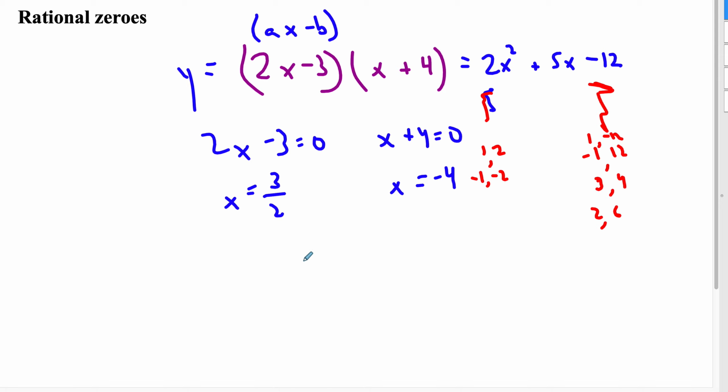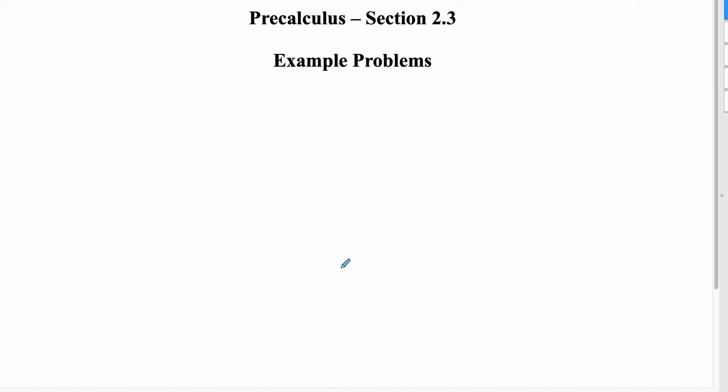So what this means, the practical import, is that if I've got some polynomial, ax cubed plus bx squared plus cx plus d, right?